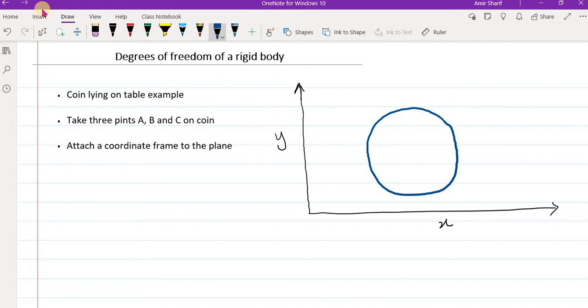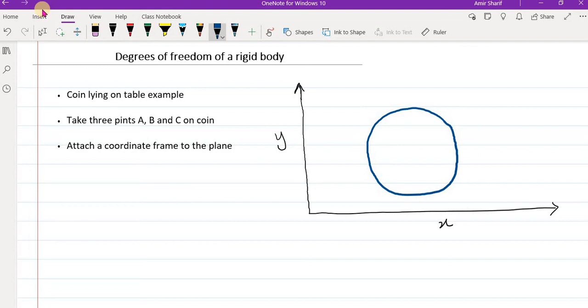In the previous slide, by looking, we said that it has 3 degrees of freedom. We said, okay, it can move along x, y axis, and it can also rotate. So 2 displacements and 1 angular movement, so 3 degrees of freedom.